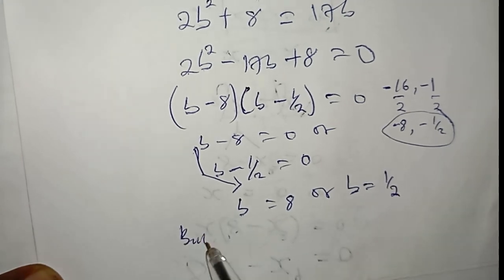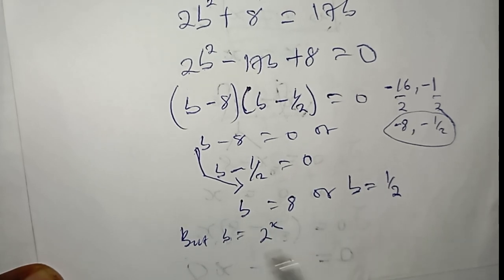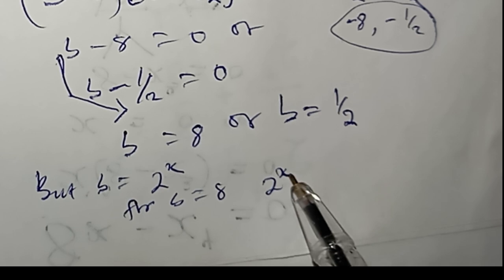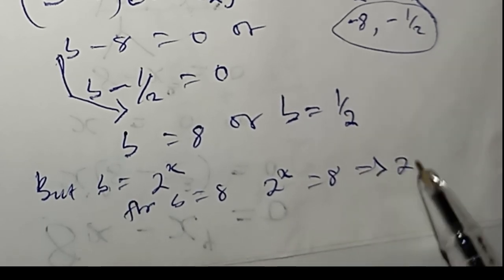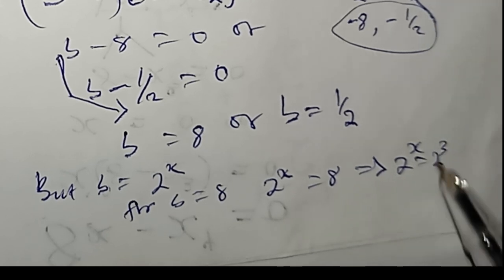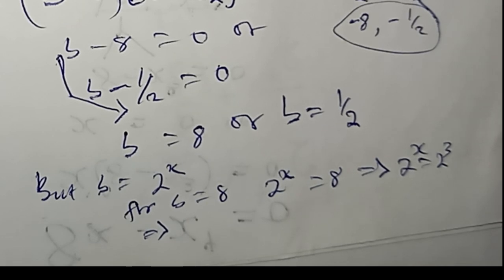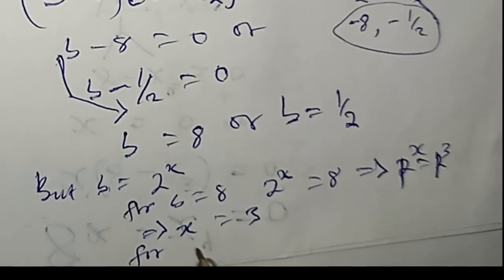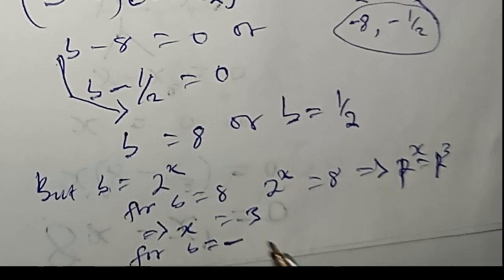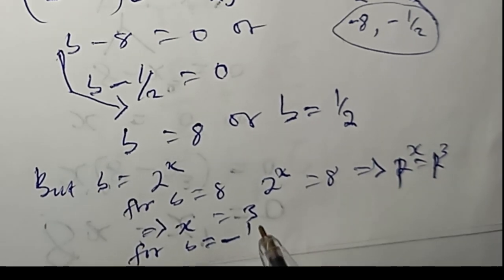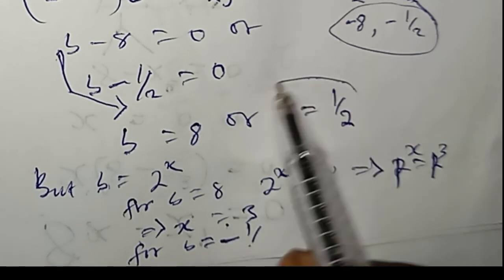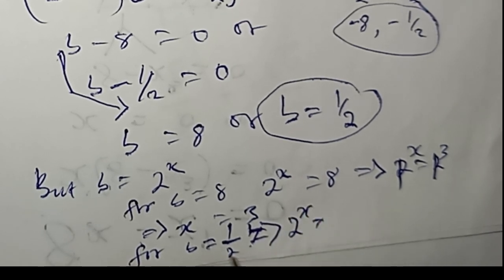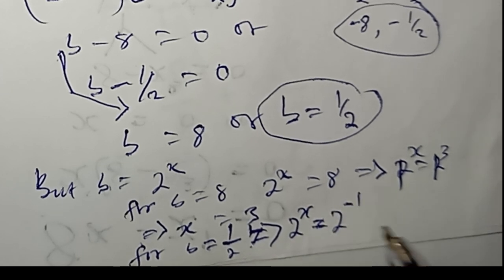But don't forget, we set b to be equal to 2 power x. So for b equal to 8, we have 2 power x is equal to 8, which implies 2 power x is equal to 2 power 3. The bases cancel, and x is equal to 3. For b equal to 1 over 2, this implies that 2 power x is equal to 2 power negative 1.